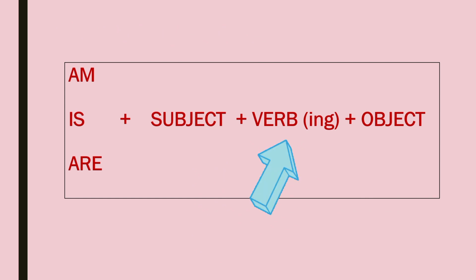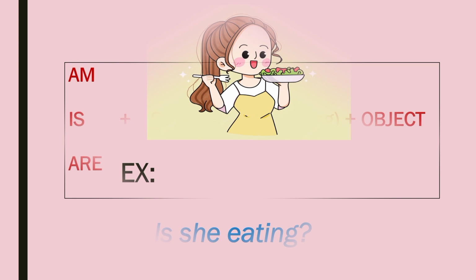And then you need to use the verb with ing, that means present participle. For example, if the verb is eat, you have to say eating. And finally, it is the object. So let's repeat. First, you need to add am, is or are, and then the subject, verb plus ing, and the object.